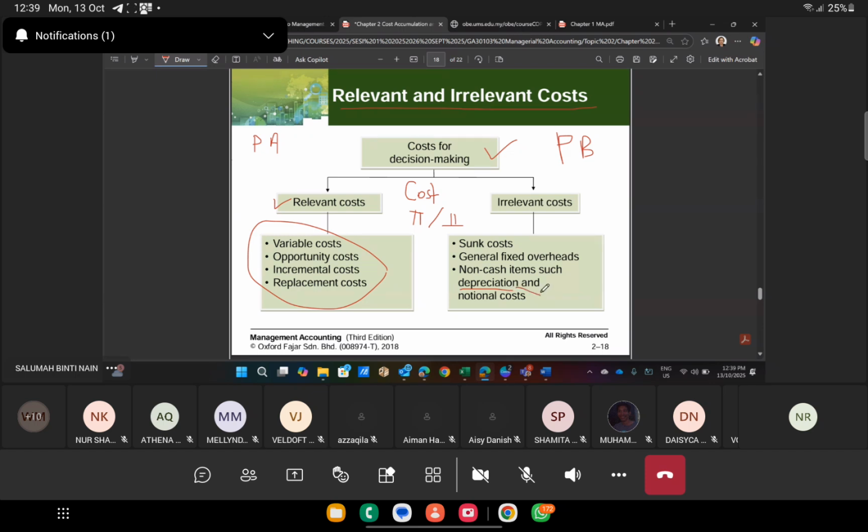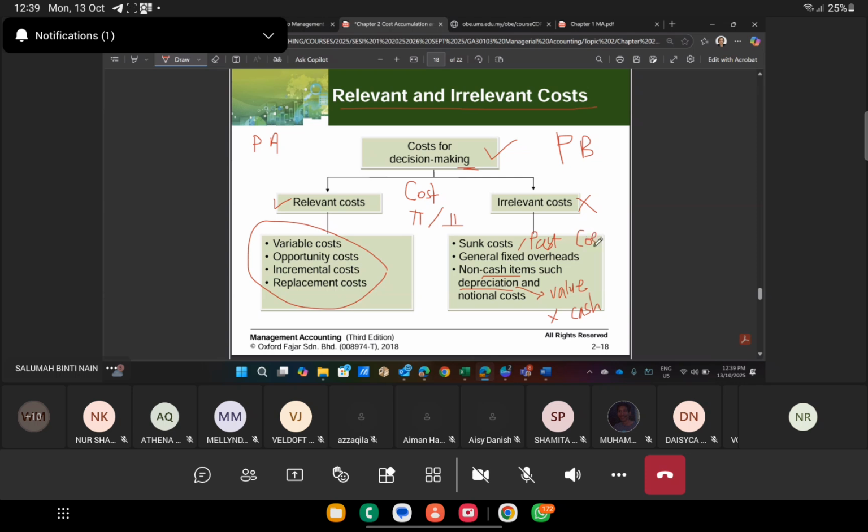Depreciation is only involved with the value of the assets, but it is not involved with cash. So that's why depreciation is a non-cash item and irrelevant in our decision making in management accounting. Same goes with sunk cost. Sunk cost is like past cost, historical cost.